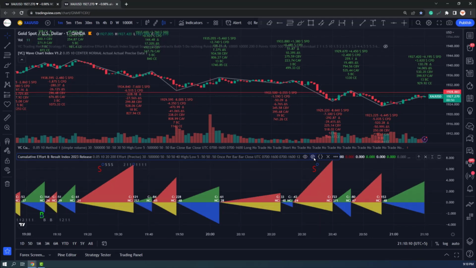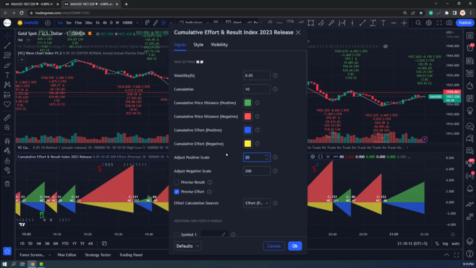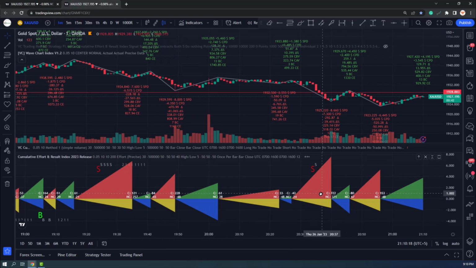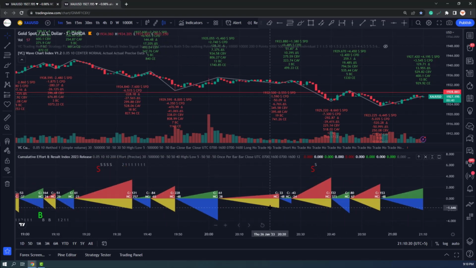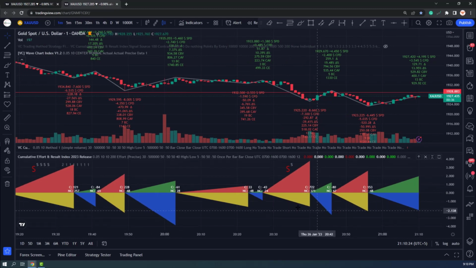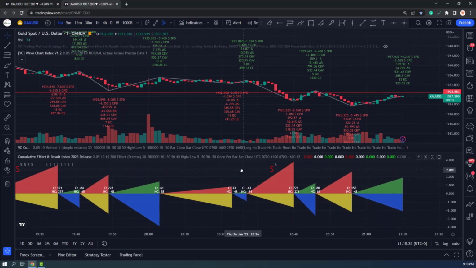Yeah, you can see here. If I put here like 10, it will be more effective. You see here? So there are two ways to adjust it. It will not affect any kind of your analysis, any kind of your results.